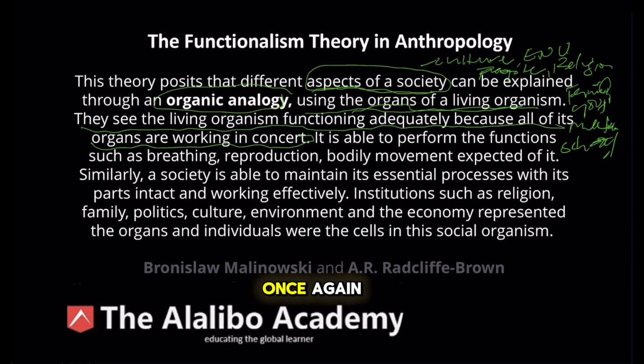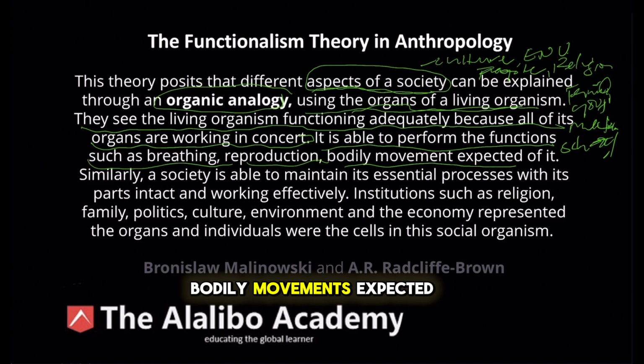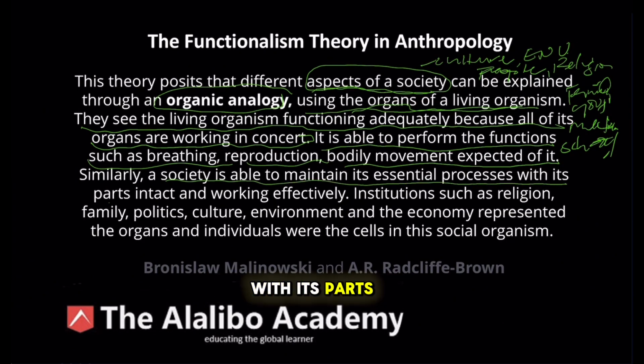Once again, if one organ is not operational or if one organ is deficient, there is trouble because it means that the organism cannot function at its optimal level. It is able to perform the functions such as breathing, reproduction, bodily movements expected of it, and all of those functions make it whole. So, similarly, a society is able to maintain its essential processes with its parts intact.